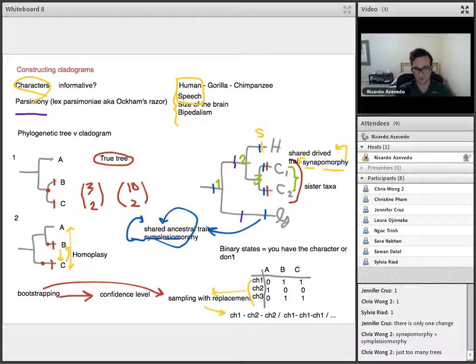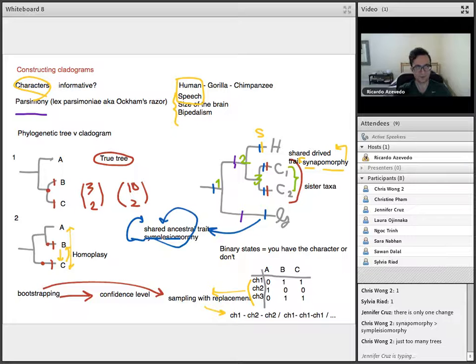So the idea of bootstrapping is that in order for you to get a confidence level of how probable your tree is, you use these. So you have 3 characters, and you sample with replacement characters out of all the characters that you have. When you sample, which is just a random pick, you want to pick 3 characters out of these 3 characters.